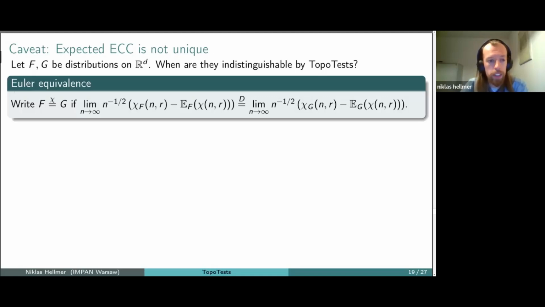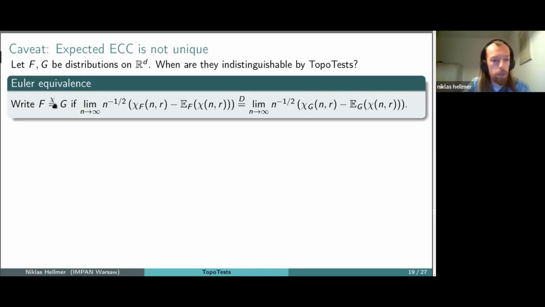Namely, two different distributions can have limiting Euler characteristic curves which follow the same distribution. Okay, so this equal sign with a D means equal in distribution. So these are the Gaussian processes that I introduced earlier. So these distributions might coincide even if the original distributions from which we sample the points are different.